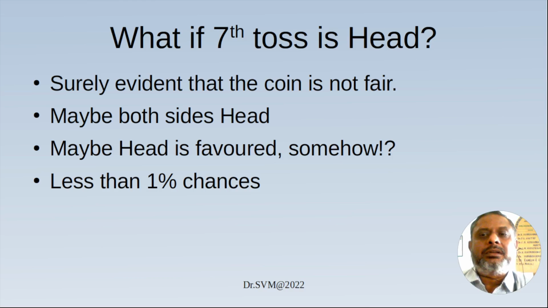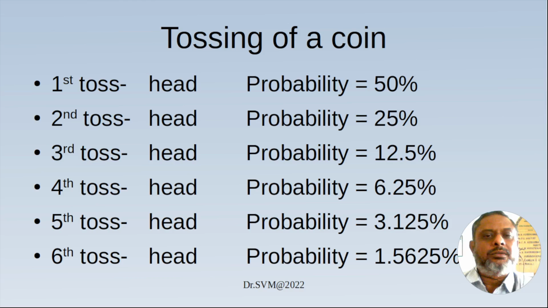So that's an example we can use to talk of p-value. The probability we are talking of is the p-value here. So we can assume the probability as a p-value.